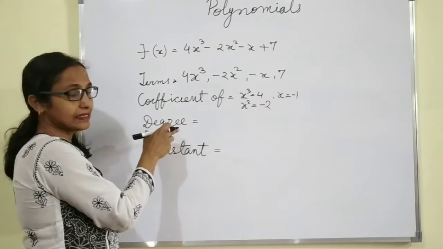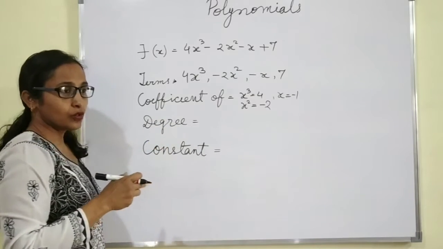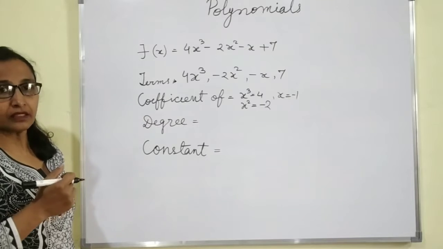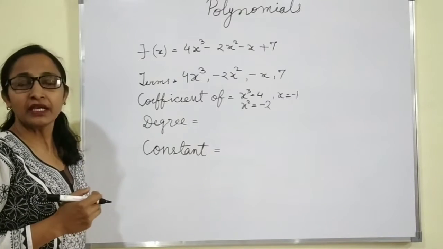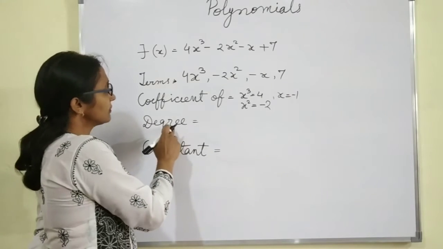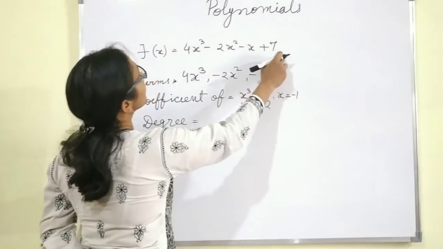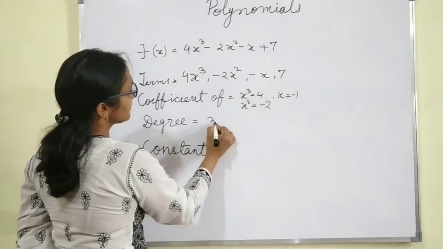Now the next term we have to understand is degree. The exponent of the highest degree term is called the degree of the polynomial. Means in this polynomial, the degree of the polynomial is 3.